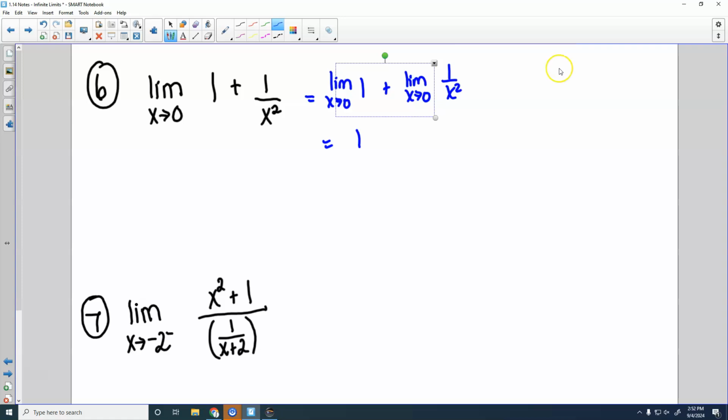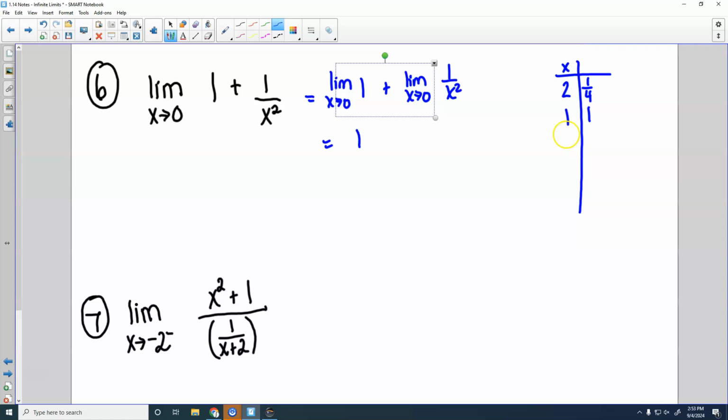This one is a little easier to check. If you're approaching 0, let's say that we approach 2, that'd be 1 over 2 squared, which is 1/4. If I do 1, that'd be 1 over 1 squared, which is just 1.